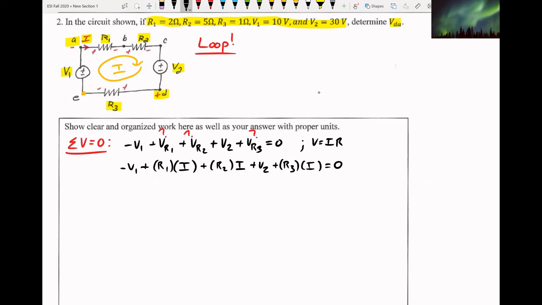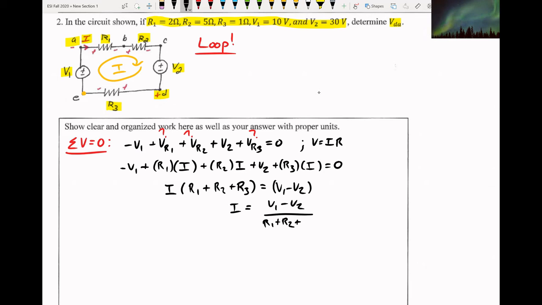So if we rearrange this, we can do I times R1 plus R2 plus R3 is equal to V1 minus V2. So therefore, the current is going to be equal to V1 minus V2 over R1 plus R2 plus R3.